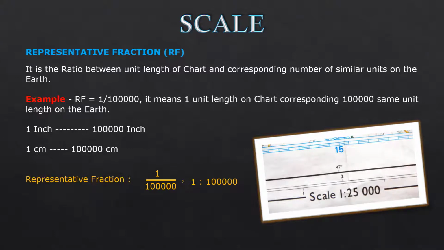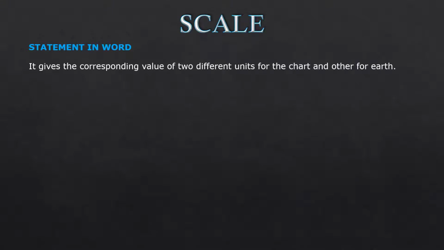You can see the representative fraction on an aeronautical chart. It gives the scale value. A statement in words gives the corresponding value of two different units, one for the chart and the other for the Earth. For example, 1/4 inch of chart length represents 1 nautical mile on Earth.